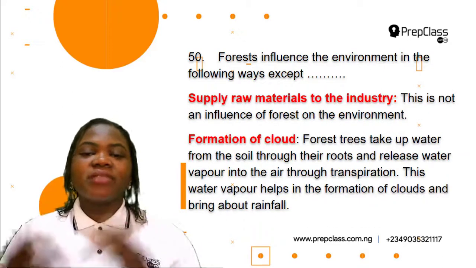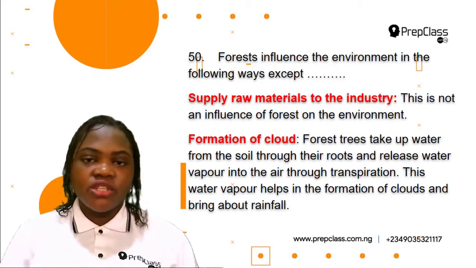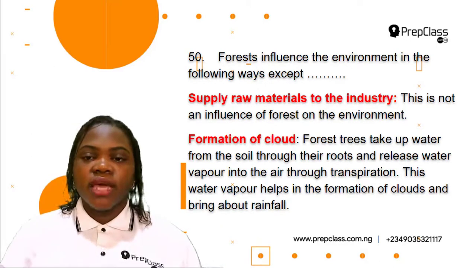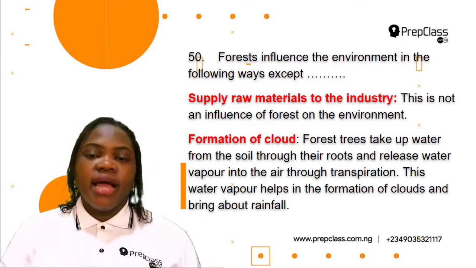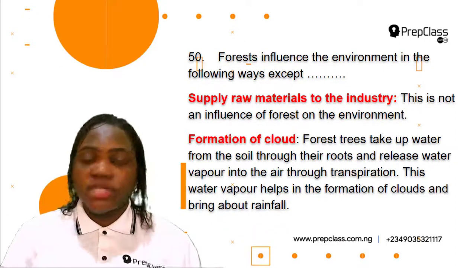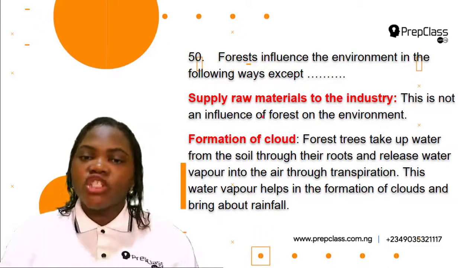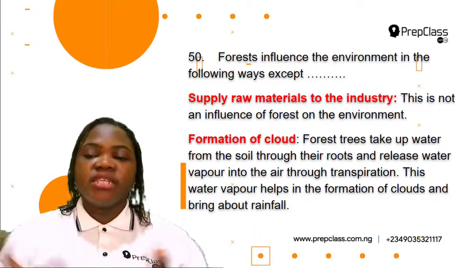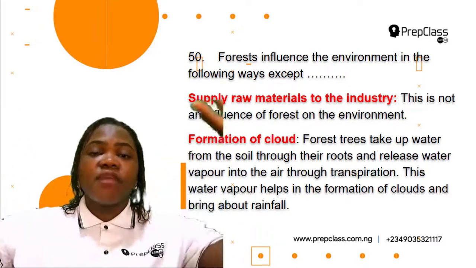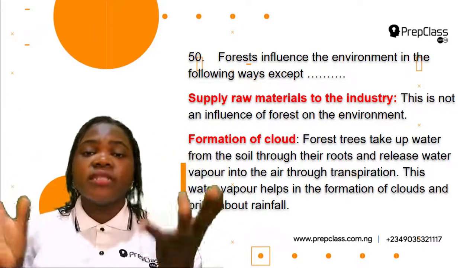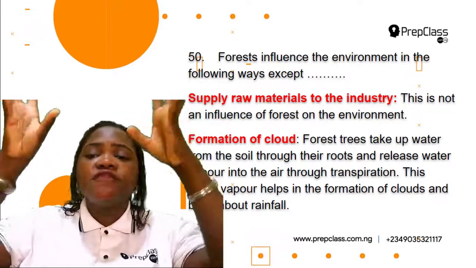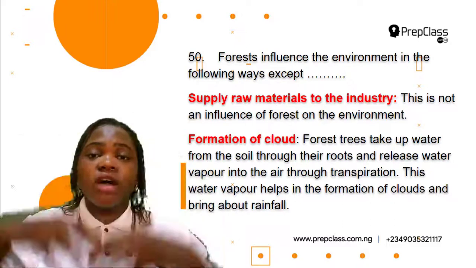Okay, so what about supply raw materials to the industry? This is not a forest influence on the environment, okay? Although it could be an influence for the industry, it is not an influence of forest on the environment. What about formation of cloud? Forest trees take up water from the soil through their roots and release water vapor into the air through a process called transpiration. So this water vapor helps in the formation of clouds and brings about rainfall.